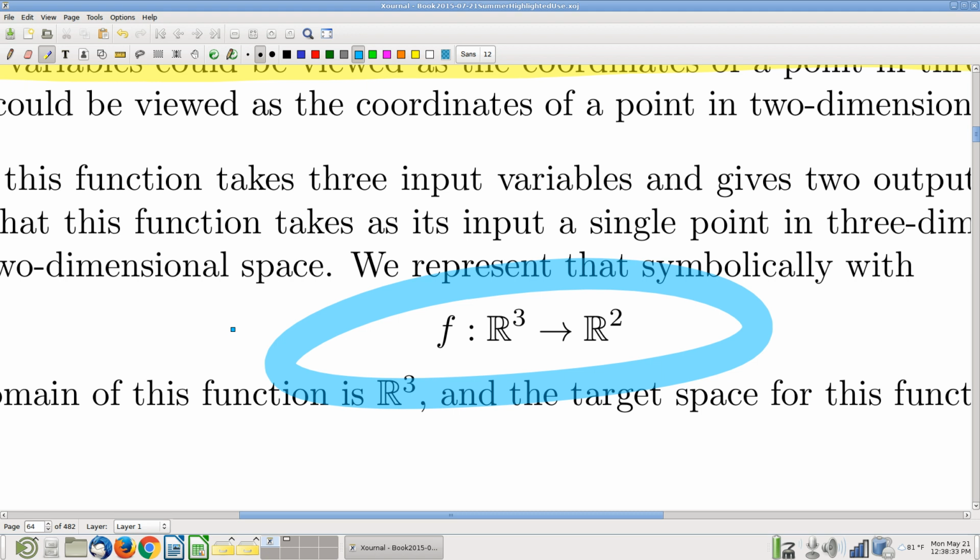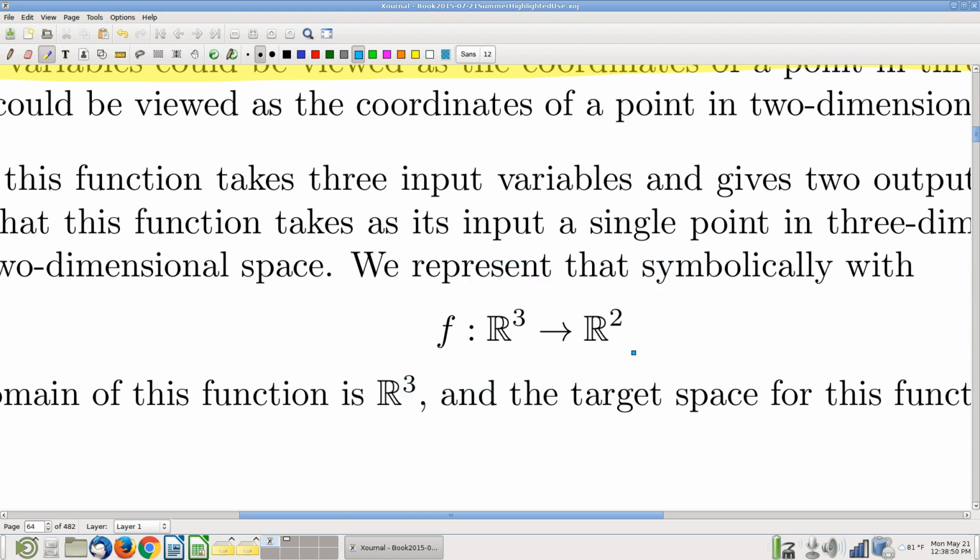Because that's what it is, right? This function takes as its input a vector in R3, which, if you want to think about it as 3 coordinates, fine, 3 real numbers, fine. But it's a vector in R3, and what comes out is a vector in R2. So the domain is R3, the target is R2.